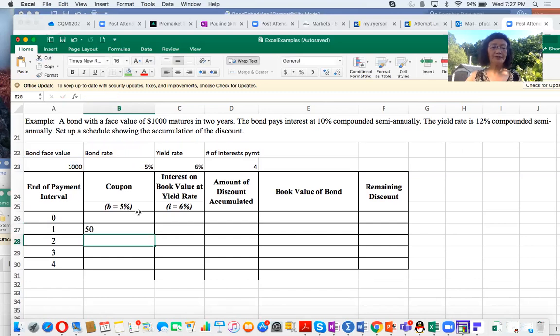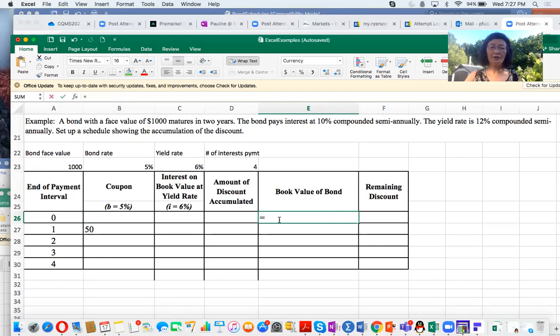That's it, you got 50. And then we need to calculate the book value of the bond, similar to before. The book value of the bond is the sum of 2 present values. One present value is this $1,000. The other present value is this annuity, payment 50.